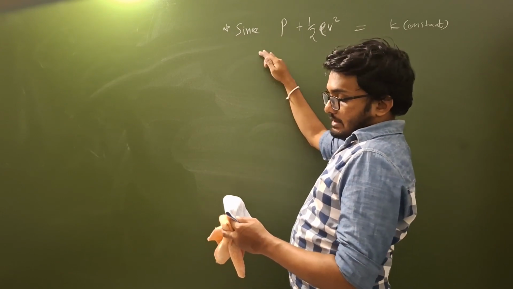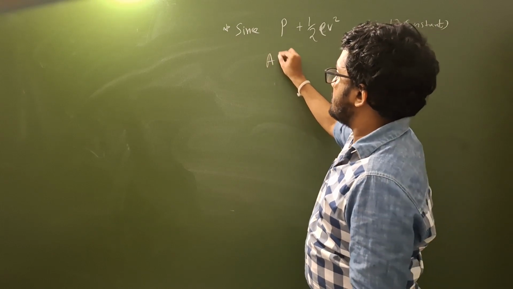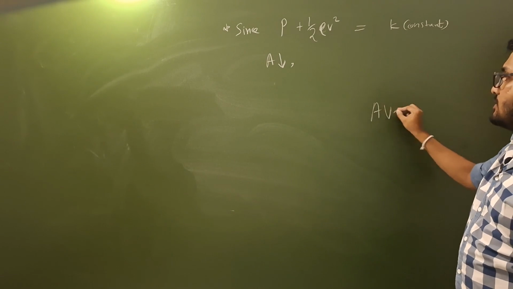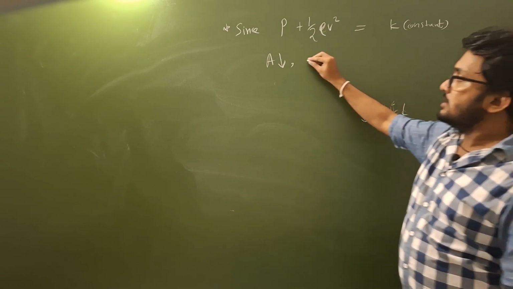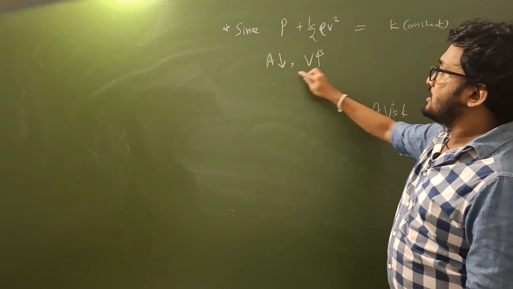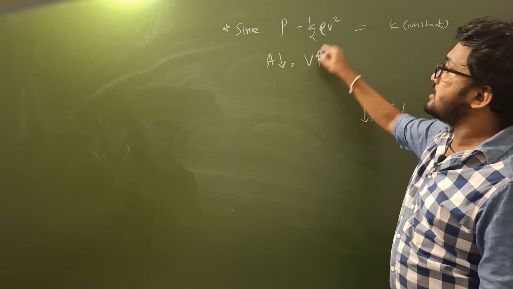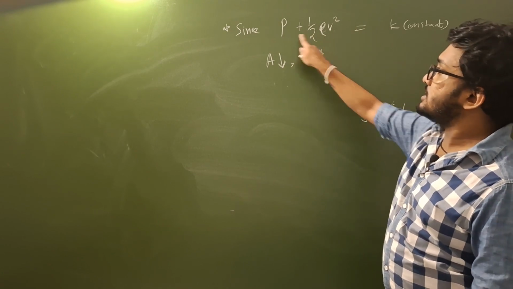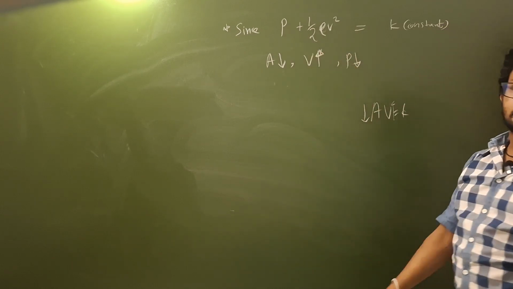So under this line, it is typed as at places where area is small. When area is small, we know using the continuity equation that velocity is high. If velocity is high, for this sum to be constant, pressure should be small.